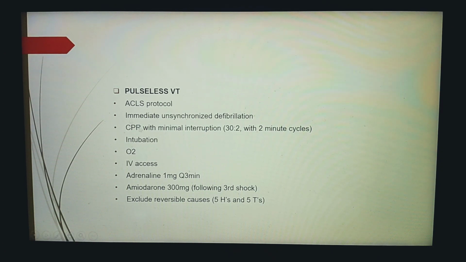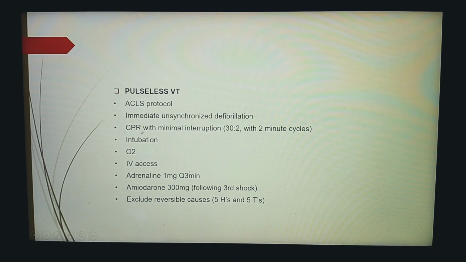Then we should approach according to the ACLS protocol, immediate unsynchronized defibrillation, as there is no time for synchronization, but some defibrillator machines have the option for synchronized, then we can give synchronized defibrillation. First of all, we should start with CPR with minimal interruption, 30:2. Then check the CAB.